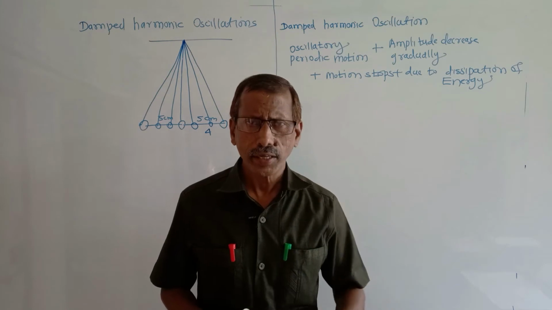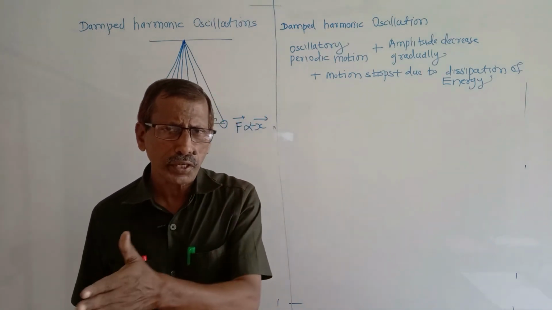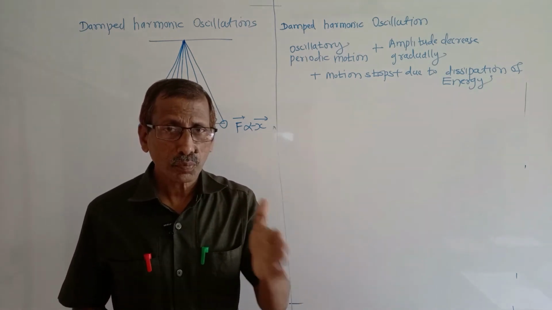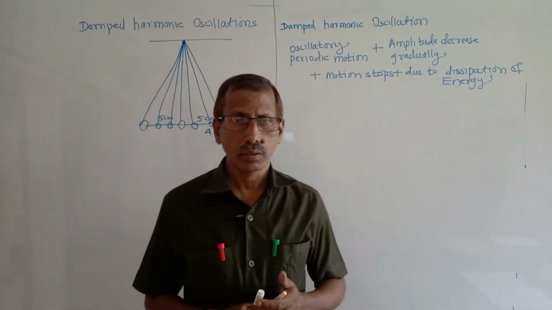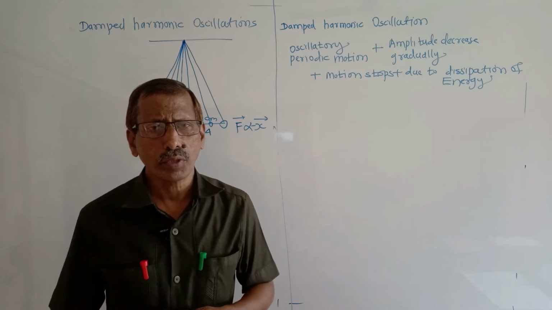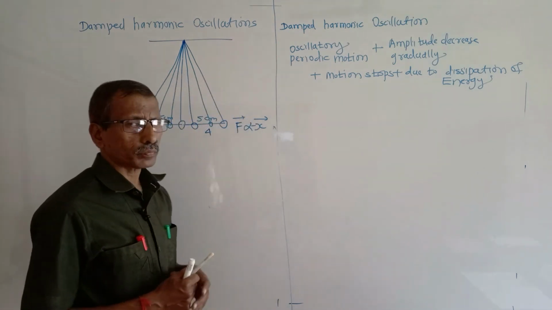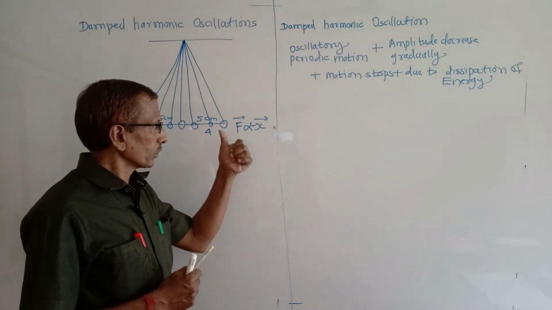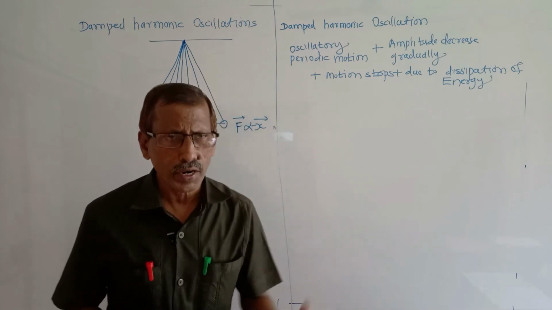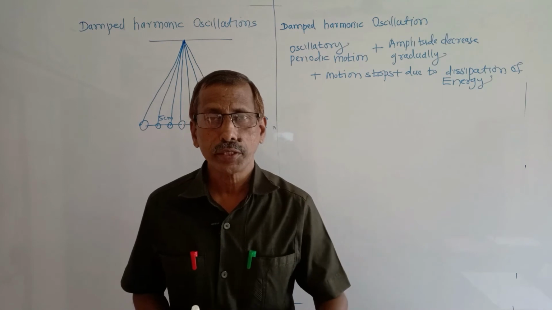So it indicates that when there is a decrease in displacement from the mean position, or a decrease in amplitude of the motion, the velocity of the body in linear simple harmonic motion also changes.